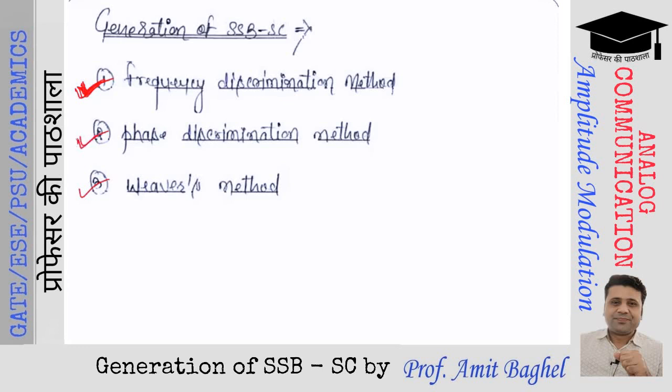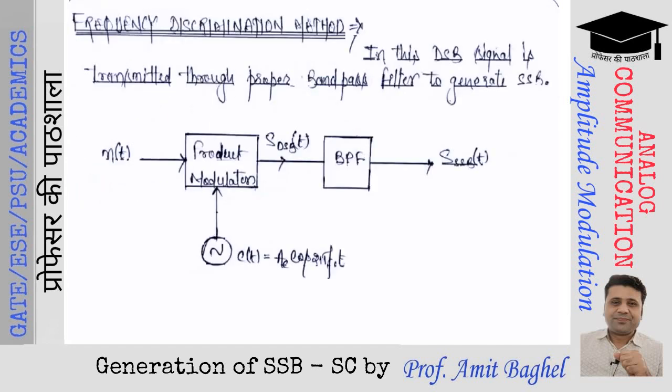In phase discrimination method, we are going to arrange the blocks in such a manner that the SSBSC signal is generated at the transmitter side. And third method is Weaver's method. What is the frequency discrimination method?